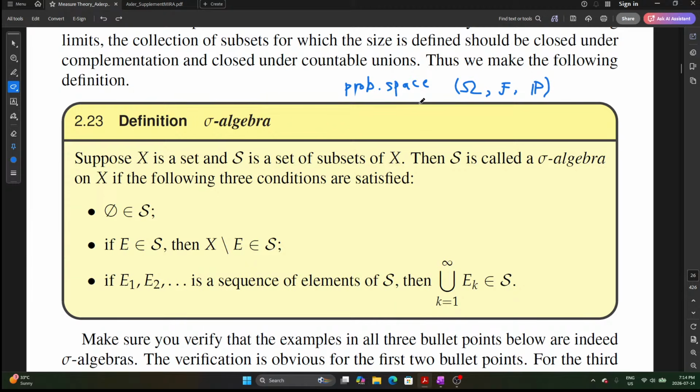Everything in the sigma algebra is called an event. Every set in the sigma algebra is called an event. In elementary probability theory, we usually just call an event a subset of the sample space, a subset of omega. For elementary probability theory, that's usually enough because you deal with measurable sets anyway.